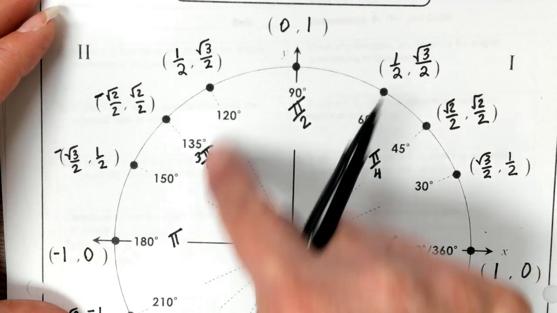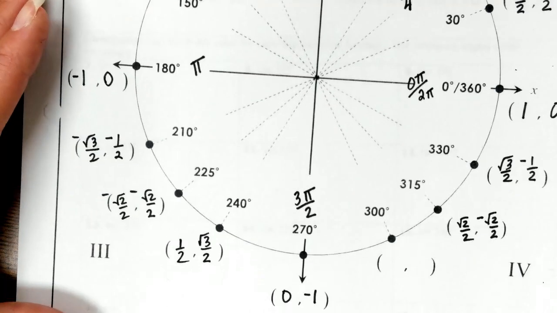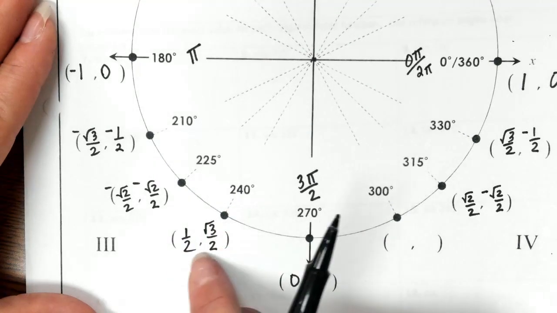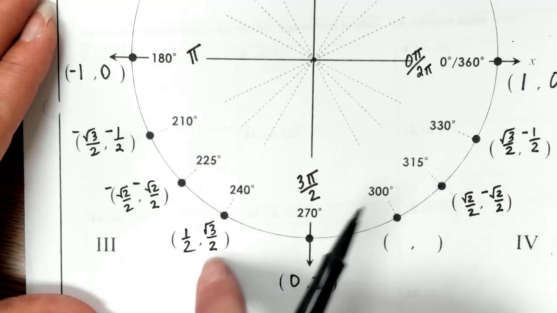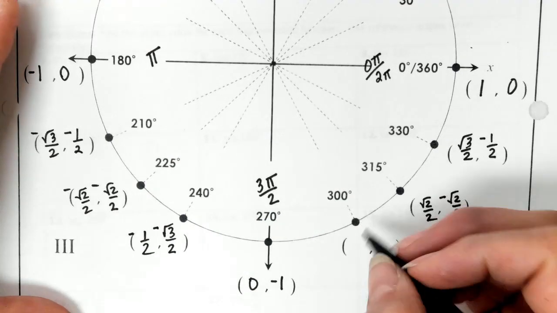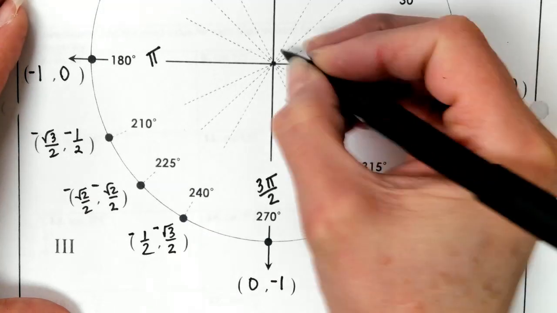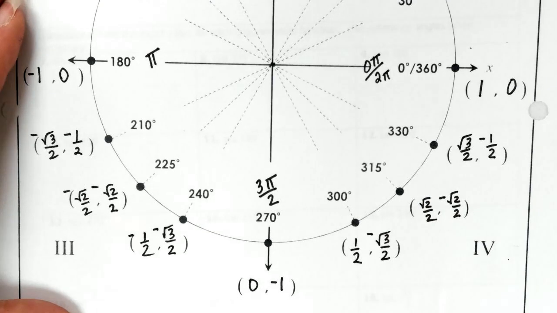X, remember, is a negative, but y is positive. At the 240, when we write those in, remember in that quadrant, x and y are both negative. And at the 300, x is positive, but y is negative.